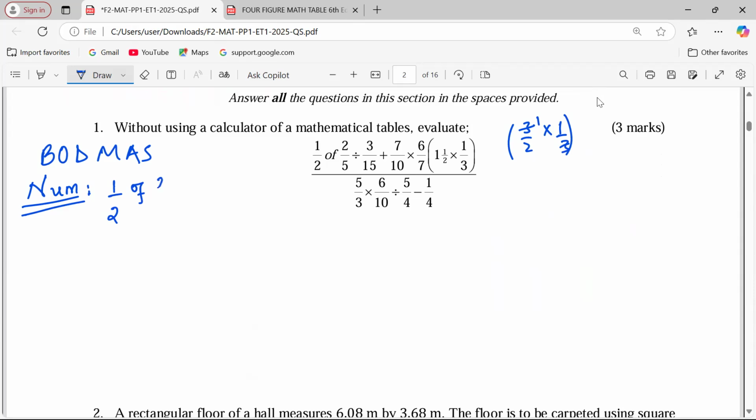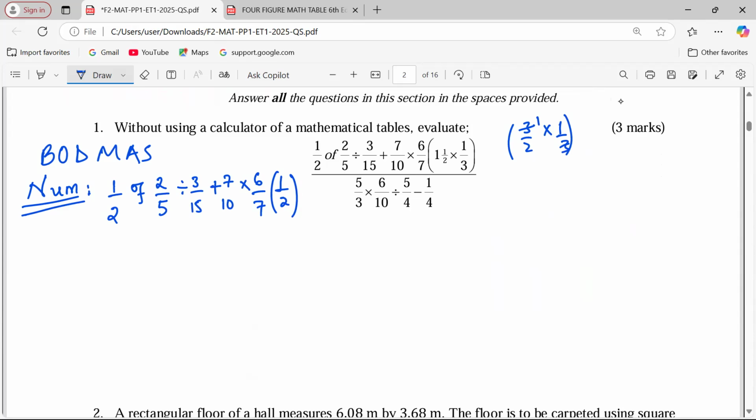of 2/5 divided by 3/15 plus 7/10 multiplied by 6/7. Then in the brackets, we are having half.